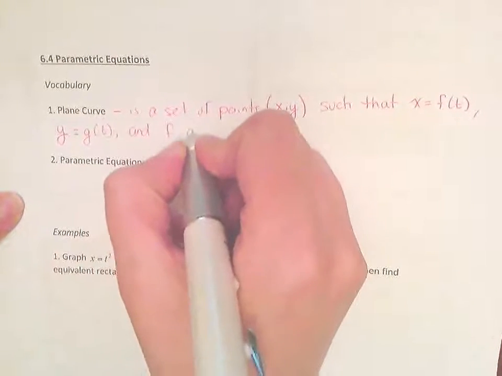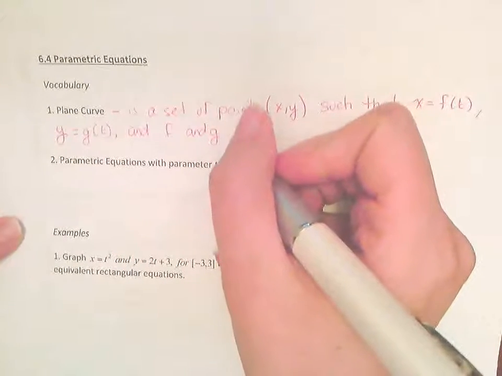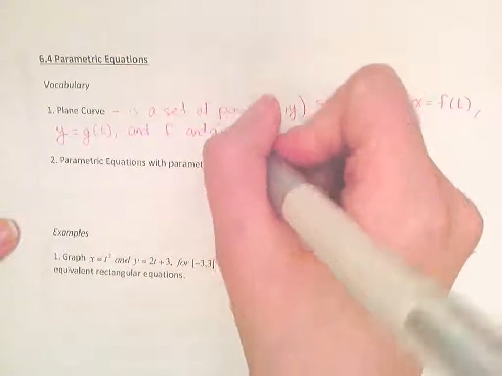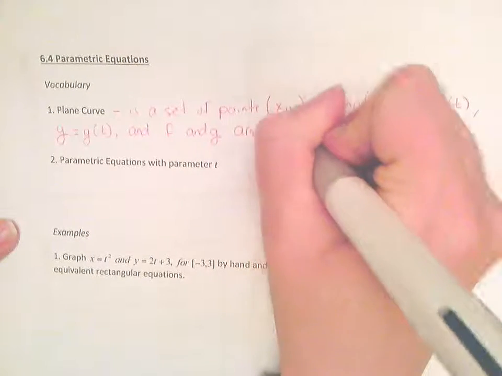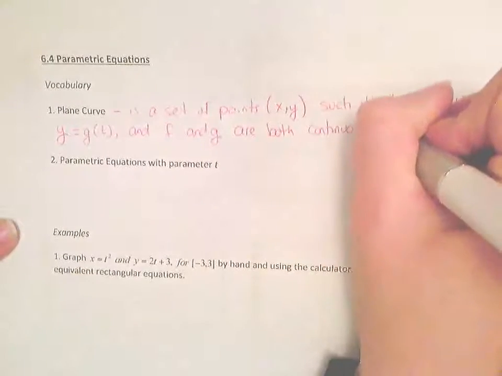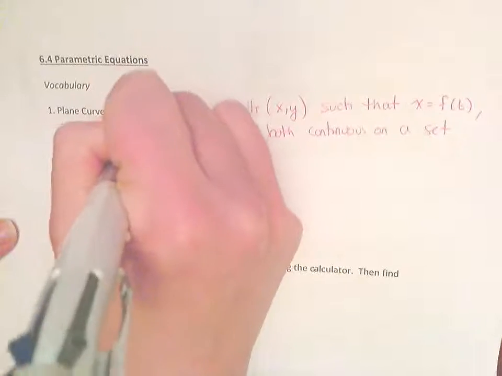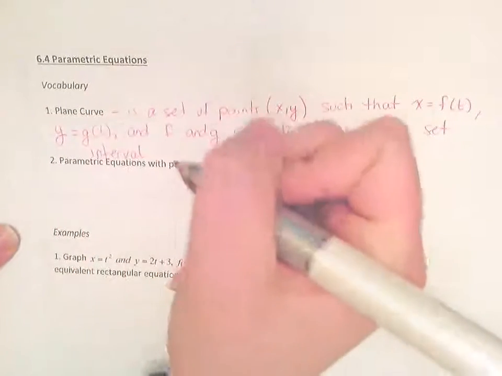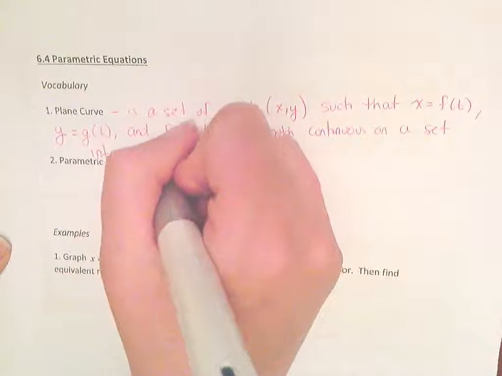And f and g are both continuous on a set interval. We'll call that interval I, I guess.